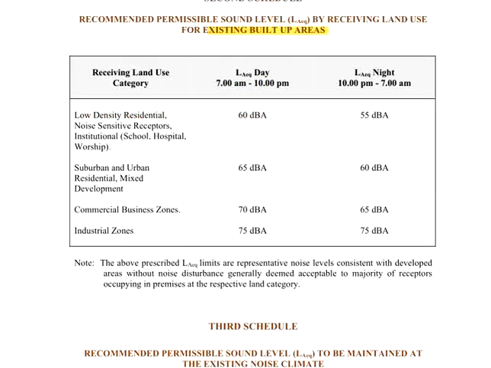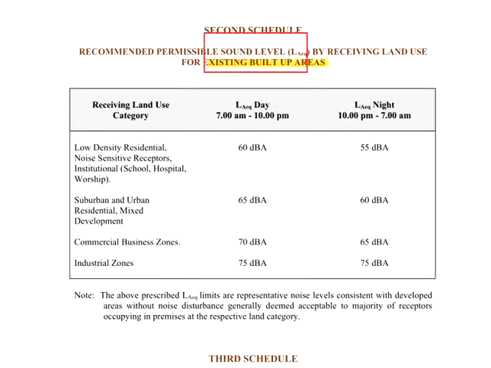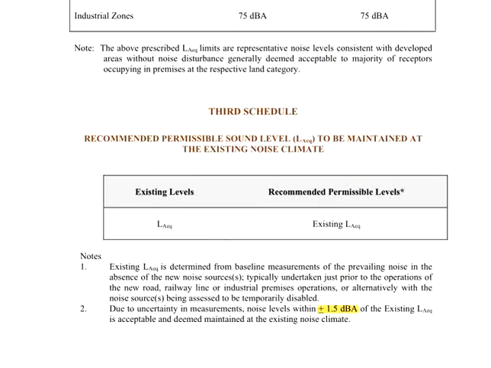For example, let's say now we are talking about the low density residential. The permissible sound level as described in the second schedule will be 60 decibel A in the daytime. Let's say now the existing noise climate is already larger than 60 decibel A, which is 65 decibel A. Since it does not fulfill the requirement here, for any development or any cause of noise, we have to be on the basis not to make the noise level higher.